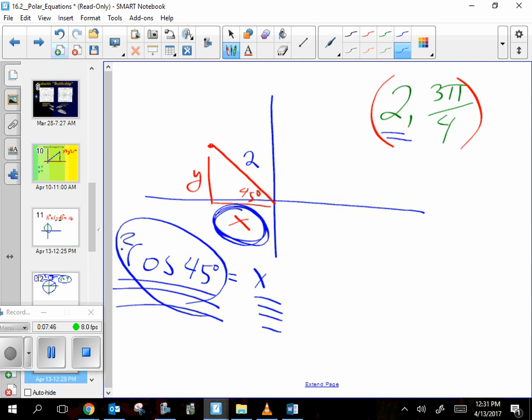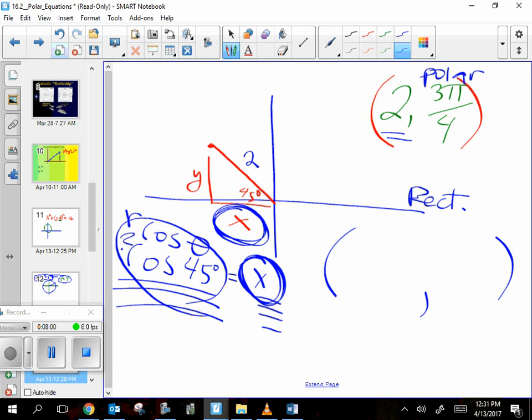If you want to change polar to rectangular, all you got to do is go, x is always going to be the r times cosine of theta. R cosine theta. You won't even need a picture from now on.